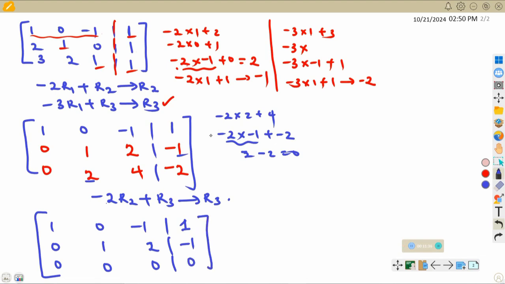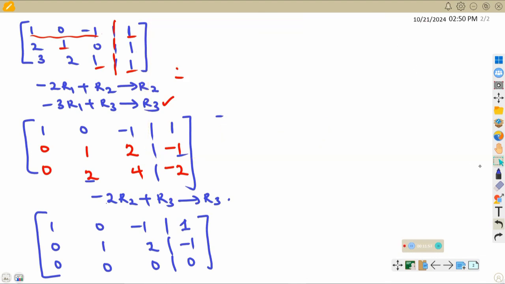So looking at that, we shall have our system as 1, 0, negative 1 and 1 here.